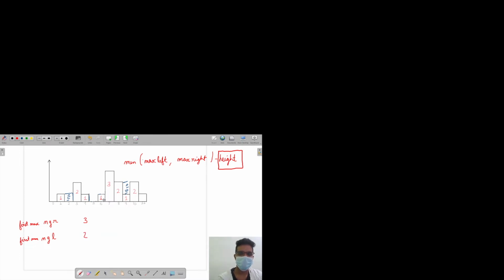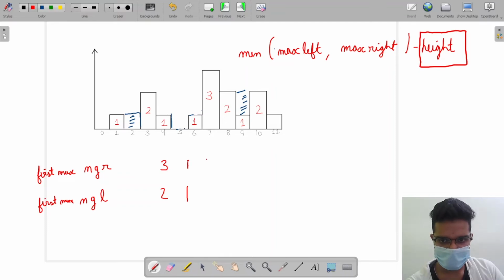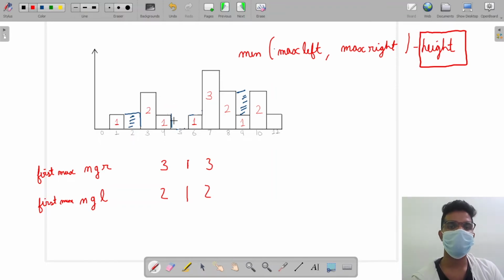Perfect. And for 5th index, its next greater right is again 1 this time, and next greater left is also 1, right? And for 6th index, its next greater right is 3 and next greater left is 2. So here if we calculate the minimum, for example here the minimum is 2, minus our own height.